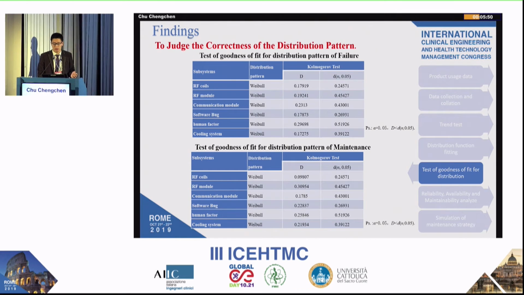The test of goodness of fit for the distribution is to judge the correctness of the distribution pattern. From the table, we can see the results of the Kolmogorov test. Each subsystem conforms to the Weibull distribution pattern.